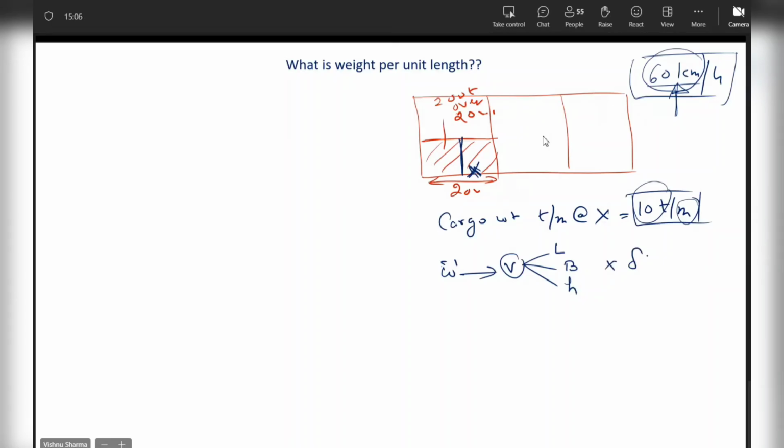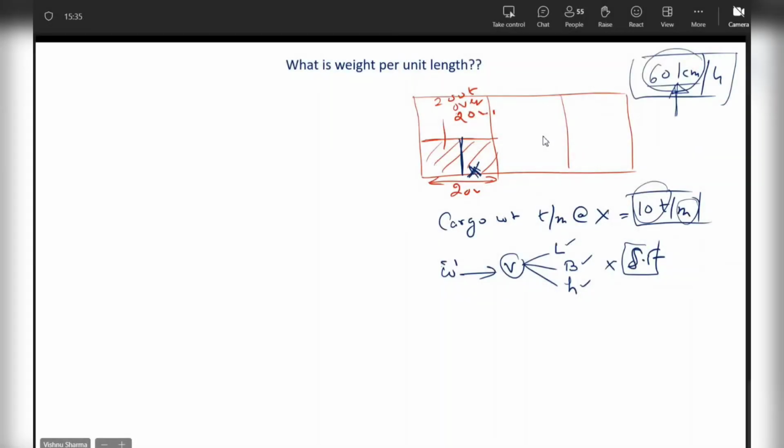So the weight in the compartment at any point depends on length, how much length you are taking into consideration, the breadth of the compartment, the height of the cargo, and the density of the cargo, or the stowage factor. Let's call it stowage factor instead of density.